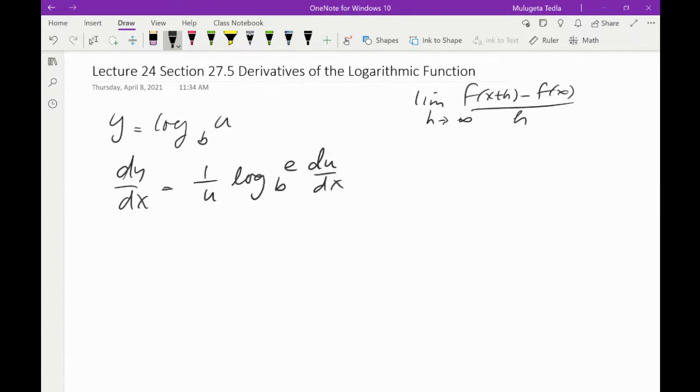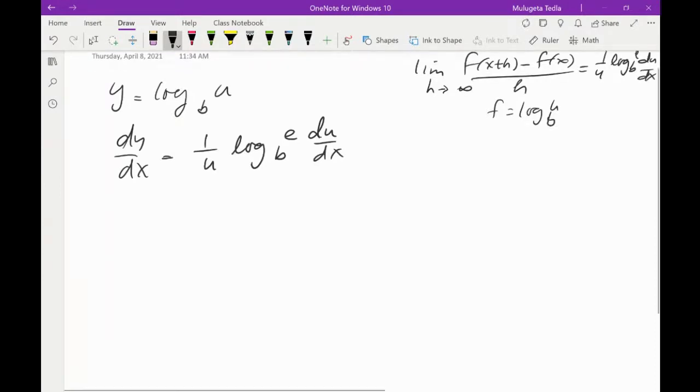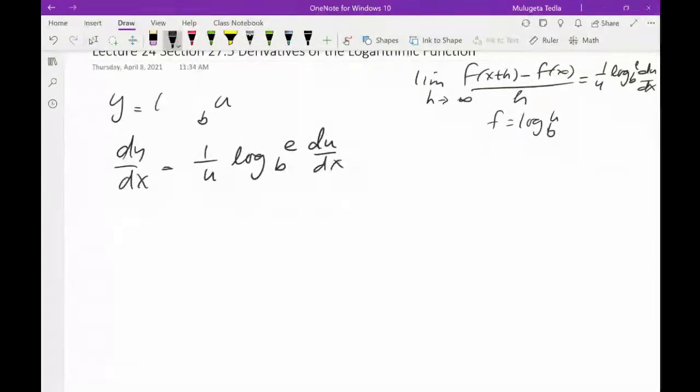If you apply this, you will get this. For f equal to log of u to the base b, the answer would be 1 over u log of e to the base b du. The book has done it, but I don't have time, so I will take directly the result, so I can use that.